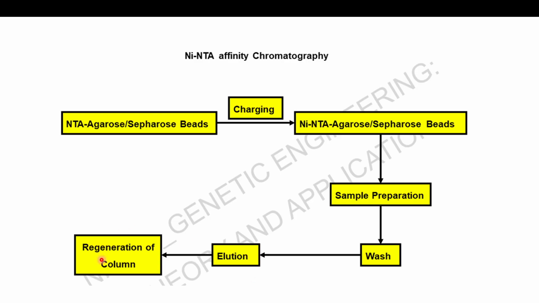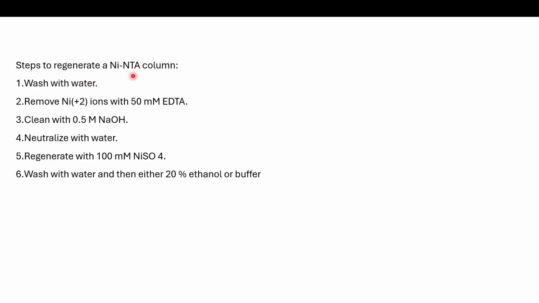Okay. And now what also happens is many times the receptor or the ligand that is coupled with the matrix eventually gets stripped off of the ions, etc., right? So the column has to be regenerated. So in cases for affinity chromatography or Ni-NTA chromatography, once the column or matrix gets stripped of bound or coupled ions, it has to be regenerated.